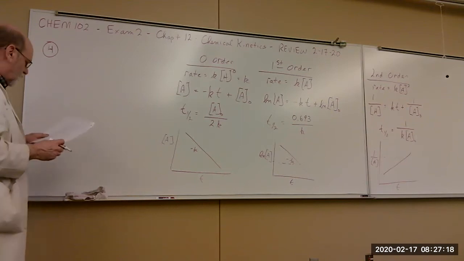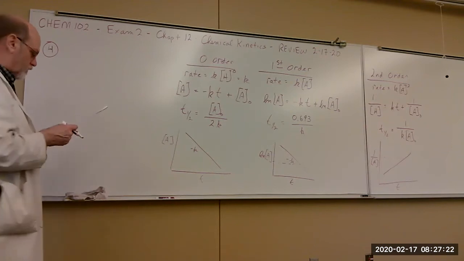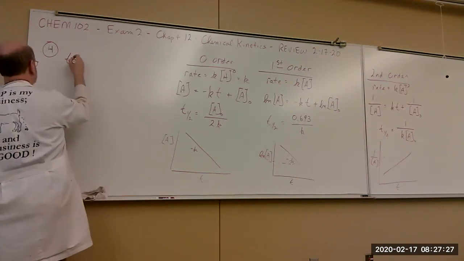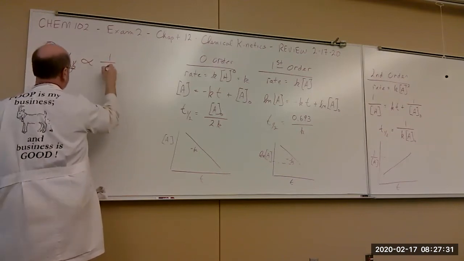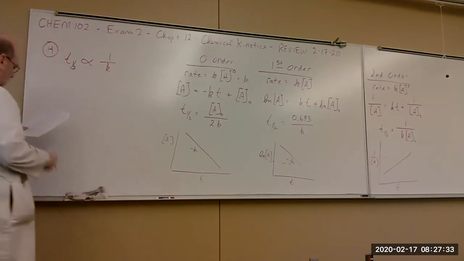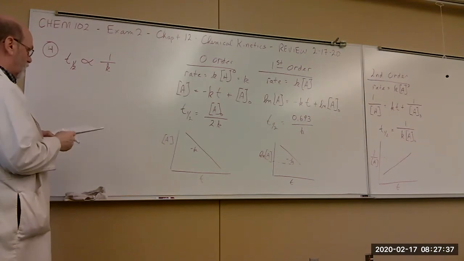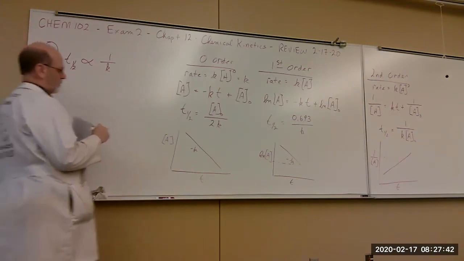Okay, 4: for which of the order reactions is the half-life of the reaction proportional to 1 over K? So the half-life, they're saying, is proportional to 1 over K. For which of them? For zero order, first order, second order, or all of the above, or none of the above? Well, look at the proportions.